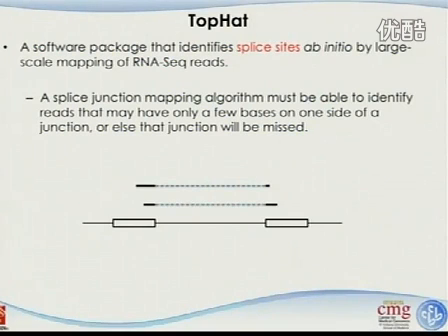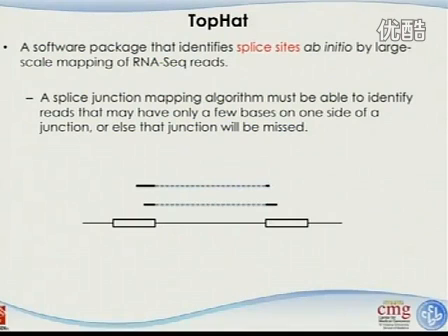But if the read is like this, you will probably run into trouble, because at this end you're in good shape. You can align it. But at this end, since only less than 10 base pairs are touching the other exon, there's no way you have enough specificity to map it to the correct exon.